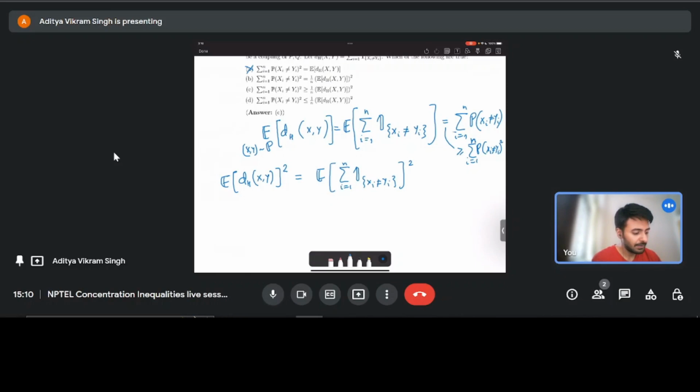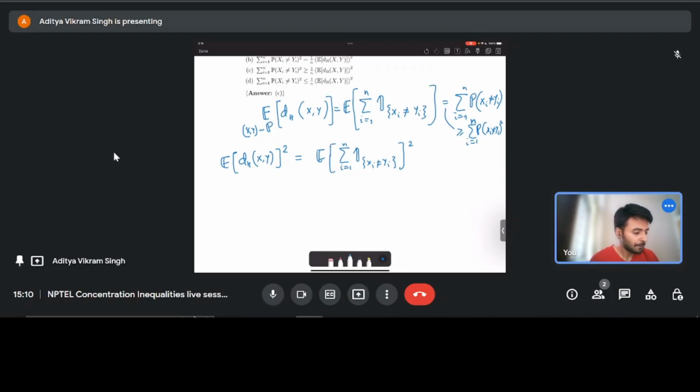The thing inside the expectation is a summation. If you have three positive numbers a, b, and c, why am I arguing all this? First, let me apply Jensen's inequality, that seems the obvious thing to do.